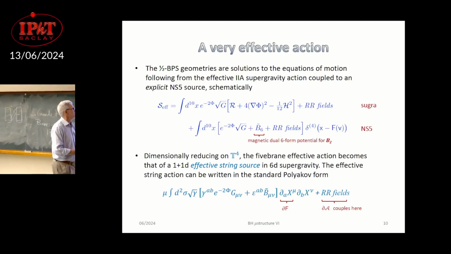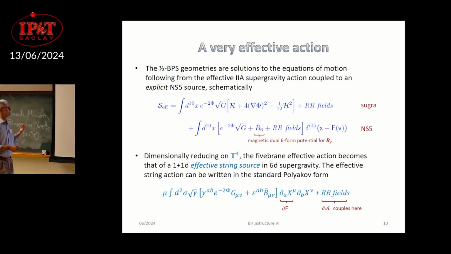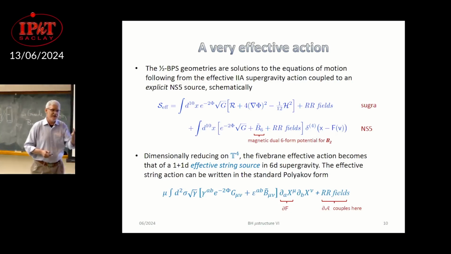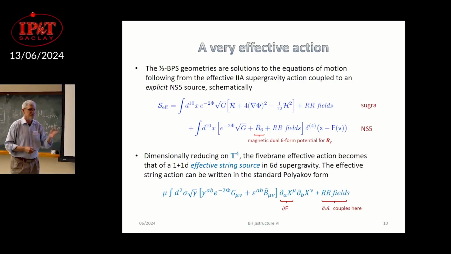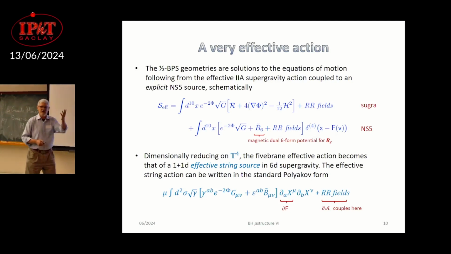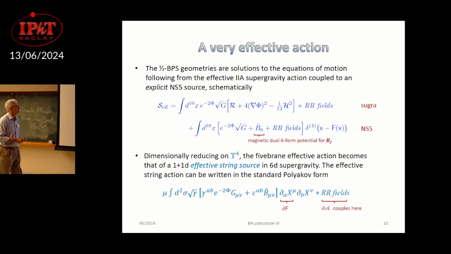Okay, and Lunin and Mathur originally got at these solutions by taking the Dabholkar-Harvey solution for a fundamental string carrying momentum and winding, and chasing it through some sequence of duality transformations.